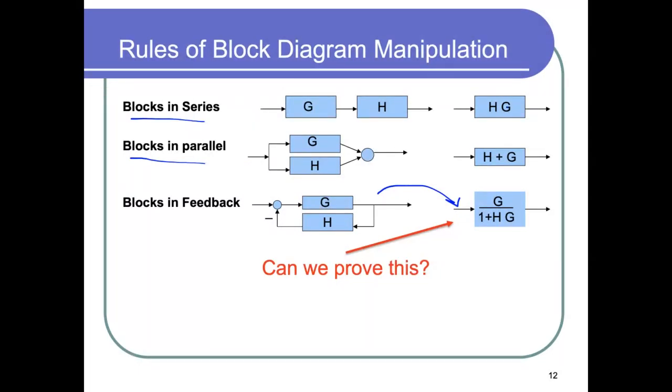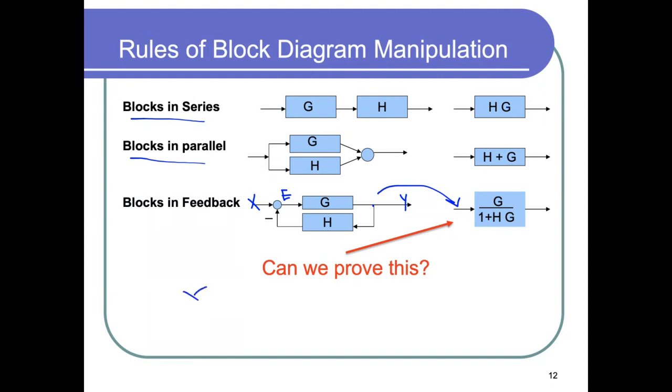Okay. So let's say I have an X here and I have a Y here. Then I have, let's say, some E here. So first, what is Y?